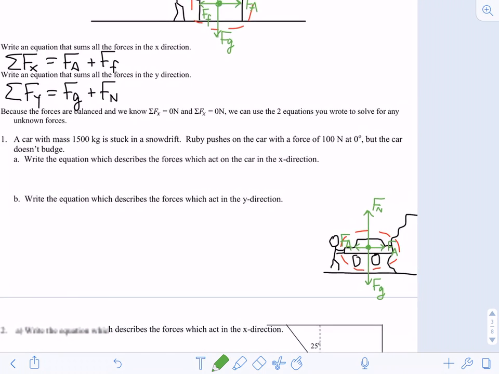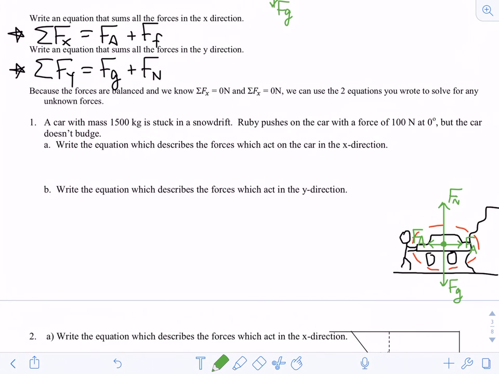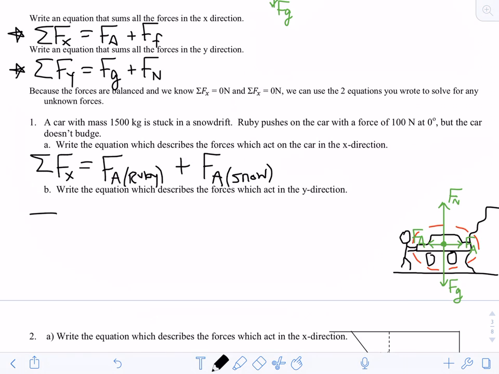So when we want to think about what forces are acting in the x direction, our forces in the x direction are the applied force due to Ruby and the applied force due to the snow. And when you add those two together, they should add up to be 0. In the y direction, we've got the force of gravity.